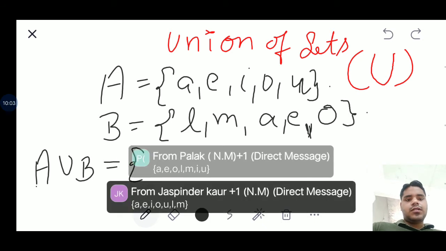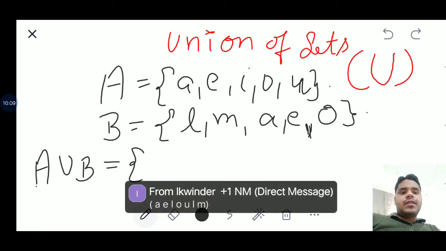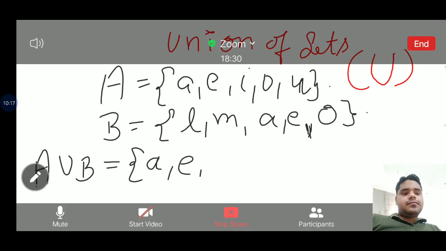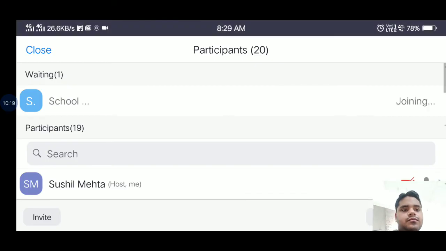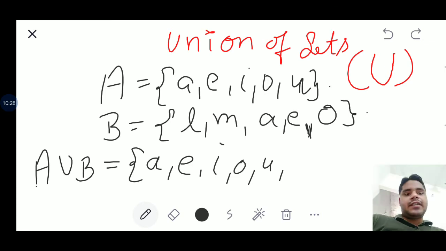Palak, Jaspinder, good. So I have to write each and every element. That is, I have to write A also. Let's take all the elements of set A: A, E, I, O, U. I have written all the elements of set A.